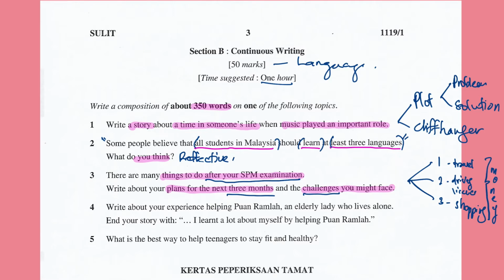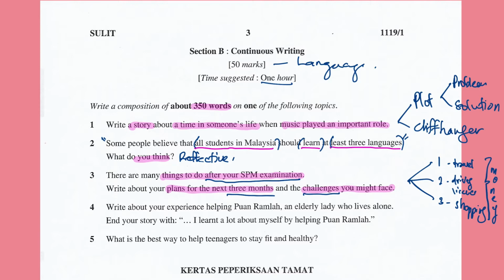Let's say paragraph number 1 is travel, and then the problem is money. And then for driving license, maybe you want to put the same thing, or a different challenge, but in the same paragraph you might want to say you don't have the time to go for the course. And then for shopping, you don't want to waste your money.